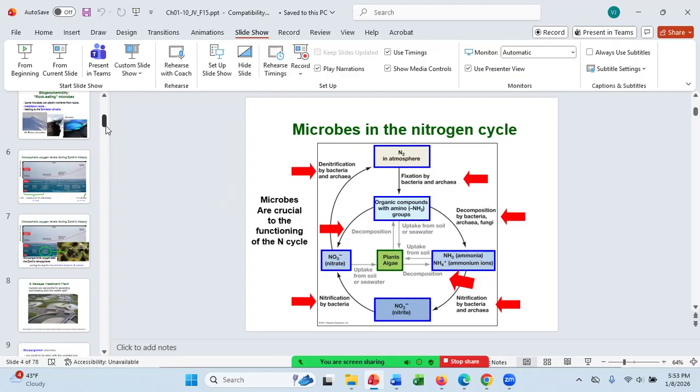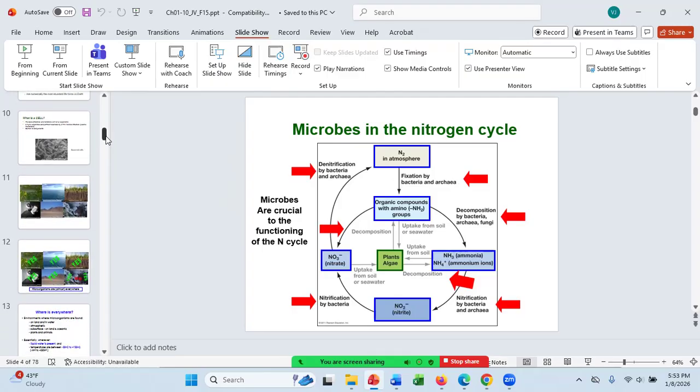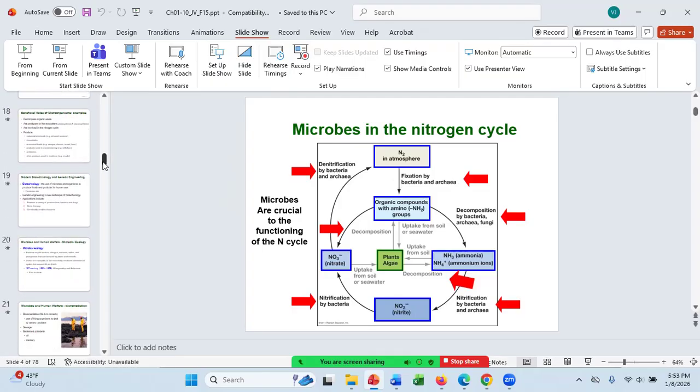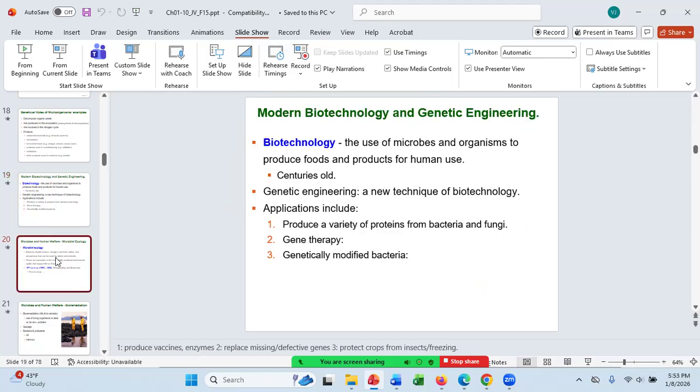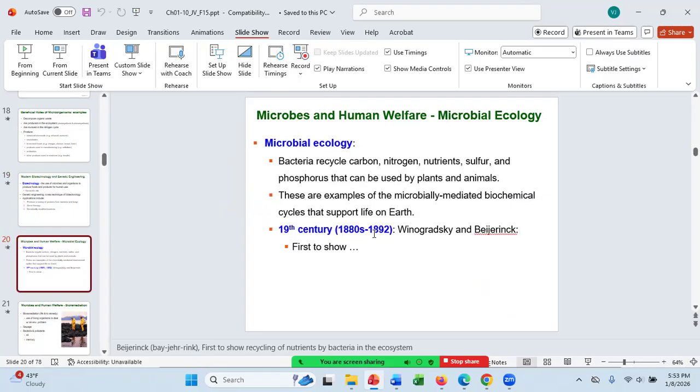But the sulfur cycle and the phosphorus cycle do use microbes to help the cycle work, and then recycle those nutrients in the ecosystem. These are some examples of the microbial-mediated biochemical cycles that support life on Earth.